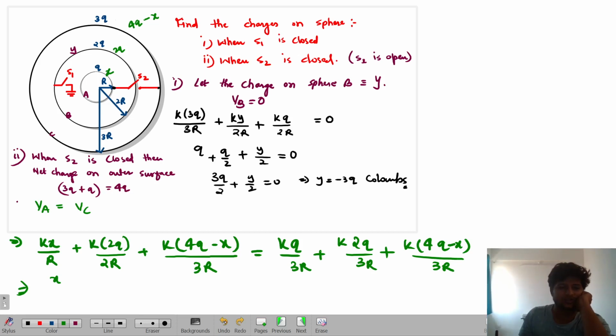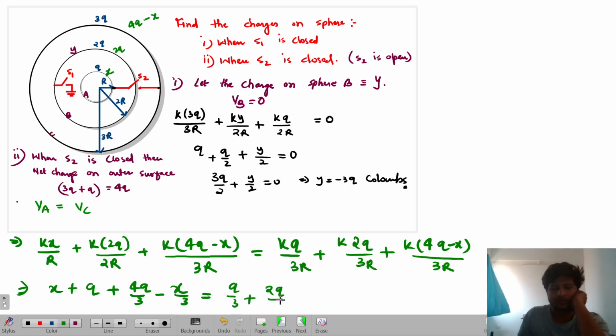R I'll not consider. So just x plus q plus 4q by 3 minus x by 3 is equal to q by 3 plus 2q by 3 plus 4q by 3 minus x by 3. Is that clear?